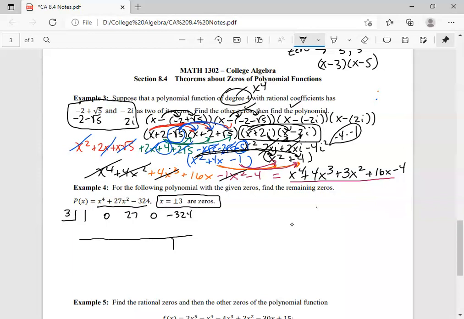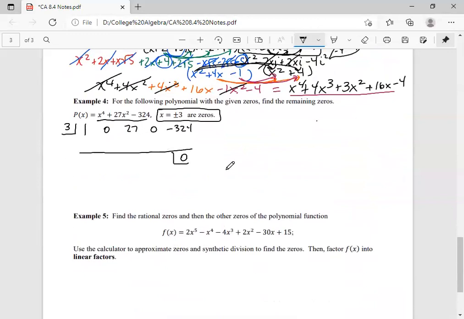What if this works, right? Since it is a zero, when I do synthetic division, this answer should be 0. Okay, so I'm going to bring down the 1. 1 times 3 is 3. That goes right here. You add these, 0 and 3 is 3. Multiply the 3 times the 3, put this right here, get 9.